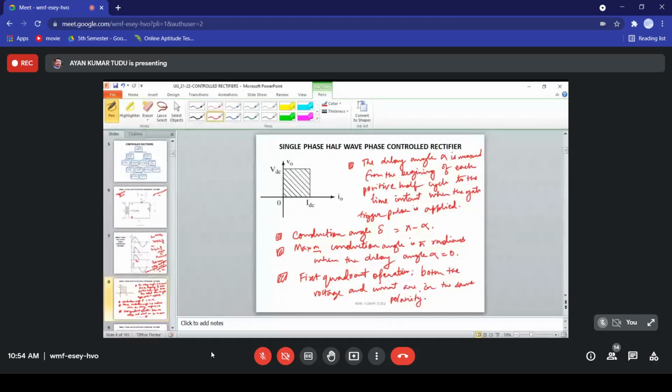I think I need not have written this one because it is understandable from the figure. Now, obviously we have to find out the performance parameters.